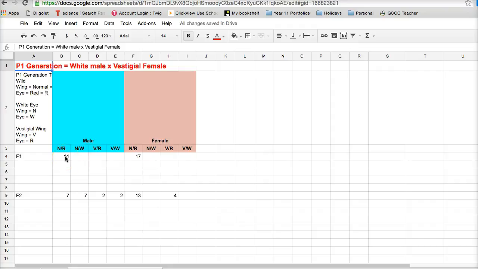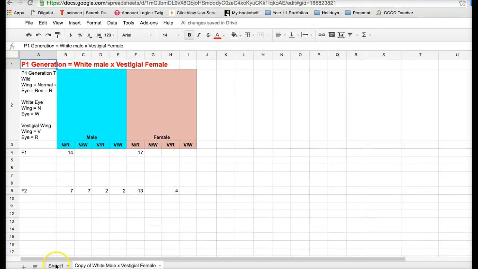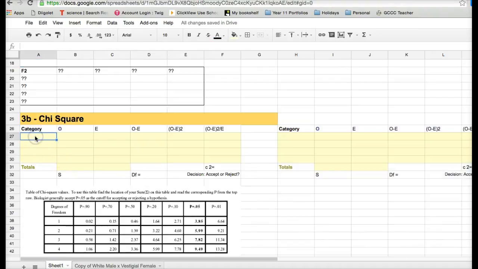So for F1 I had 14 and 17 normal wings and no vestigial wings. I'll put that in. So for my F1 generation, and this is going to be for category wings, I had 14 and 17 observed, and we are saying that they're not sex linked.